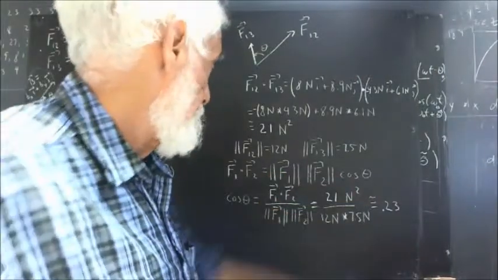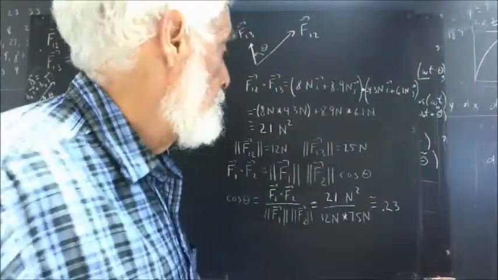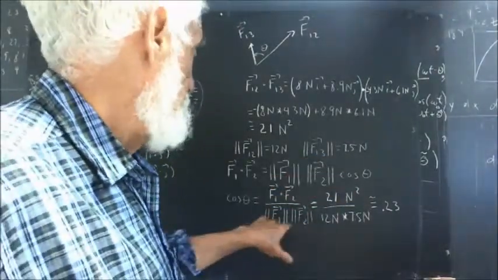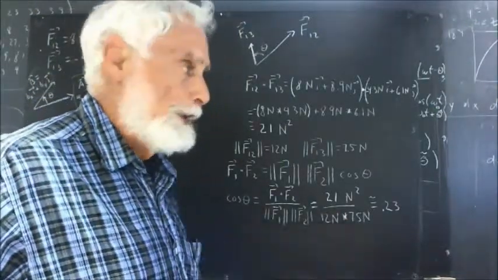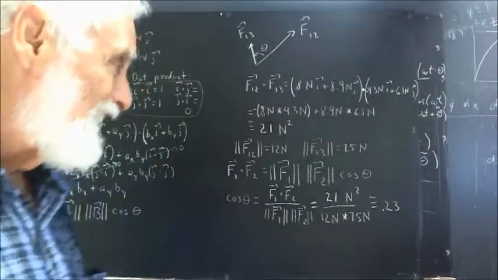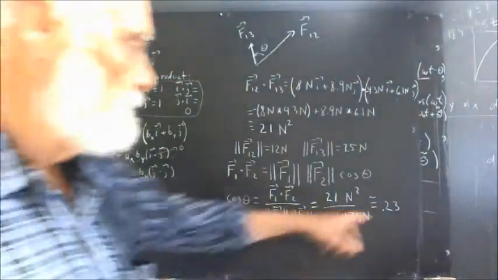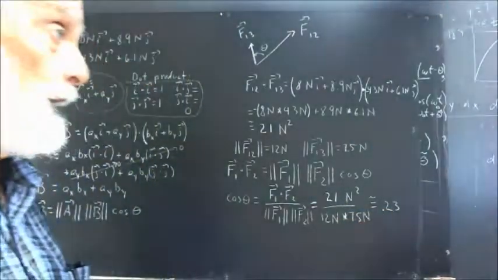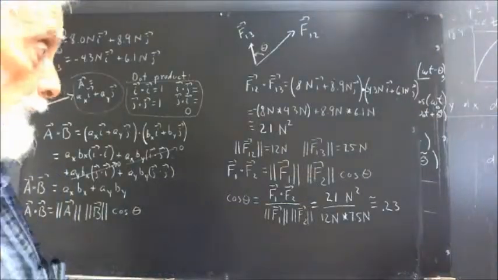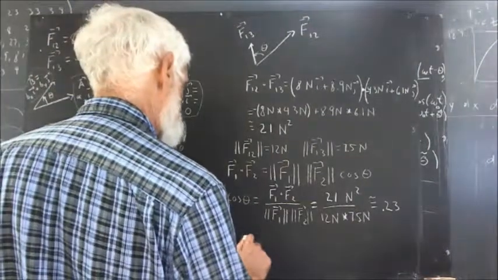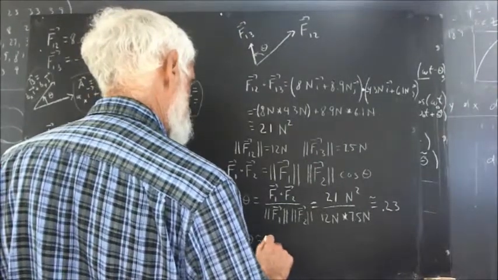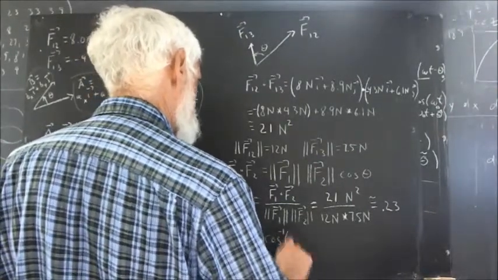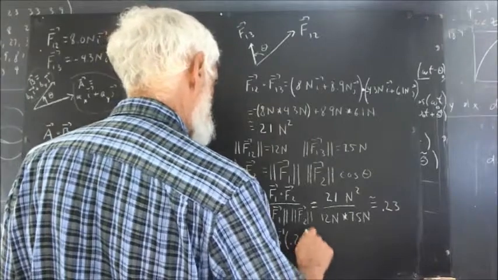We just now substitute F1 dot F2, 21 newtons squared. Magnitudes are 12 newtons and 7.5 newtons. These multiply out to 90. 21 over 90 is approximately 0.23. And from that, we can get that theta should be approximately equal to the inverse cosine of 0.23.